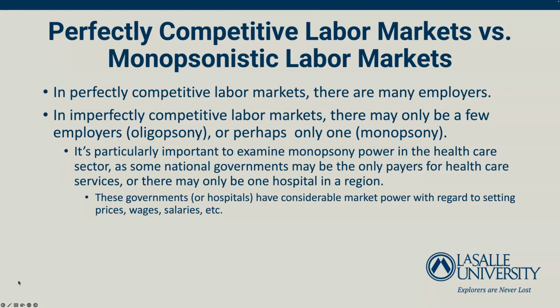And this sounds abstract, but it's important to consider monopsony power in the healthcare sector, because some national governments may be the only payers for healthcare services, or there might only be one hospital in a region. And when that's the case, those governments or hospitals have considerable market power with regard to setting prices, wages, and salaries.